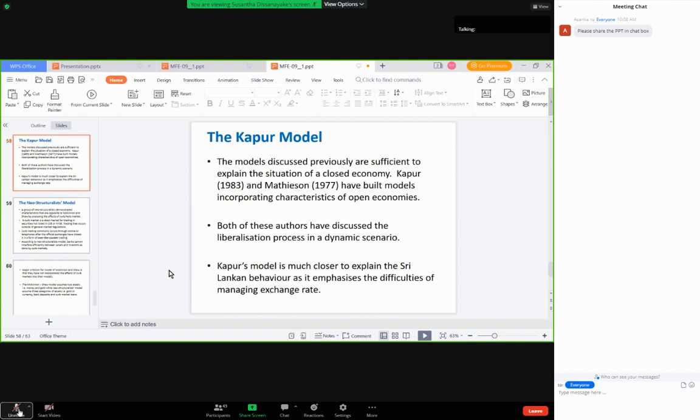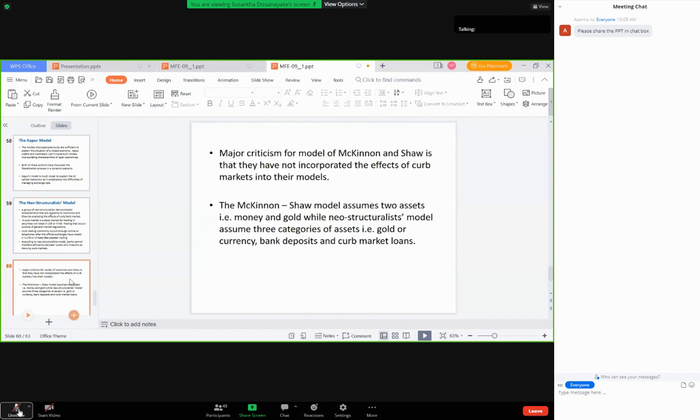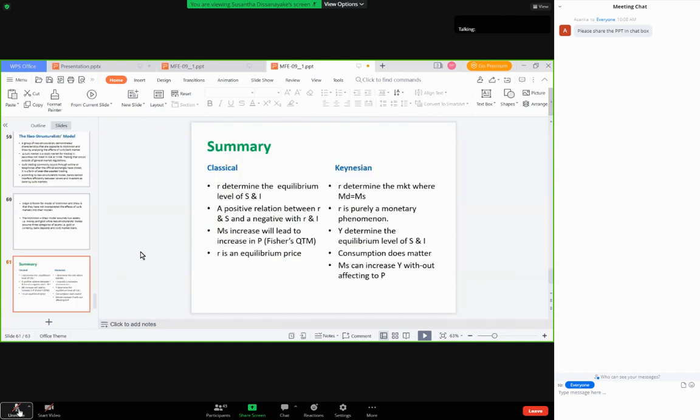It will finally be a problem for each and every country if they rely on more and more importation. Okay, any other question?